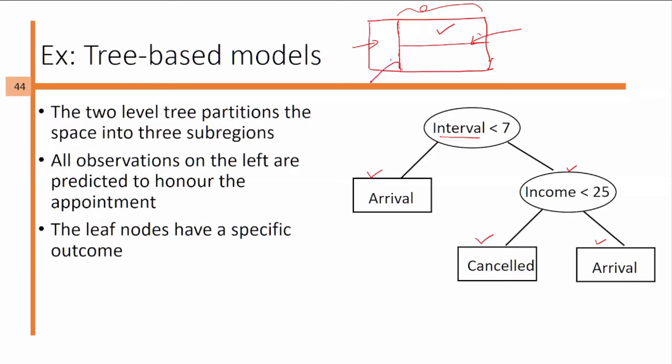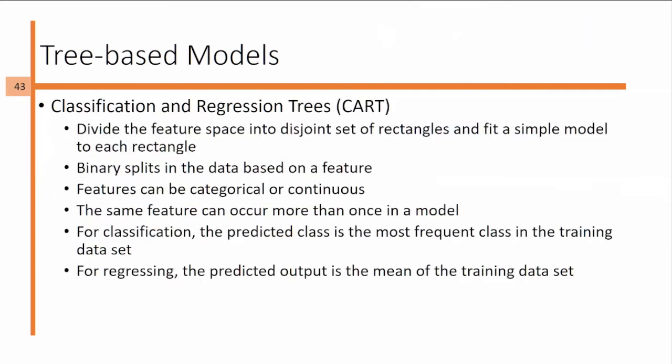This feature is the interval feature, and this feature is the income feature. So that's what I've written out here. We divide the feature space into a set of rectangles and fit a simple model in each of these rectangles. Those who have worked with a binary search tree will know that this looks similar.